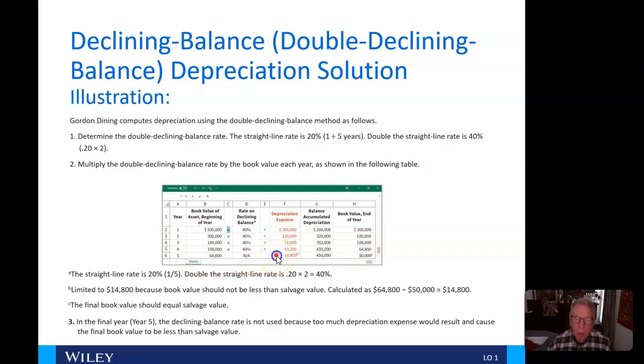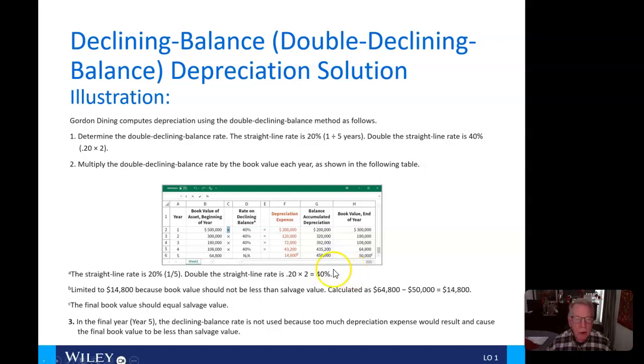Now here we have 14,800. If we were to multiply 64,800 times 40%, we're not going to get 14,800. This 14,800 is what I call a plug figure, because I know that I'm at accumulated depreciation here of 435,200.